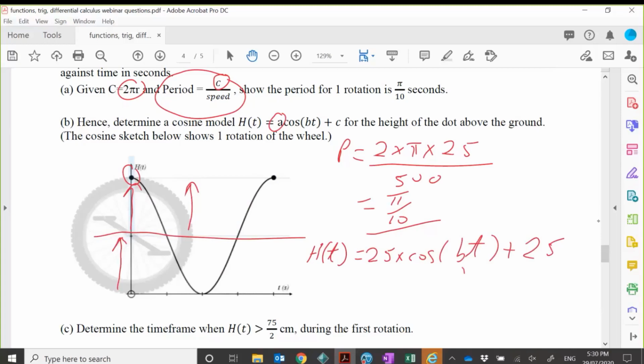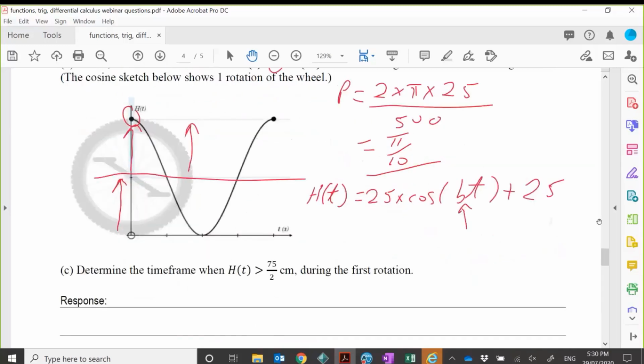The only thing we need to calculate now is b, which is our dilation factor, or our period. Now remember from your formula sheet, we know that the period, capital T, is equal to 2 pi divided by that b number. And we know that the period is pi over 10, because here's our period from before.